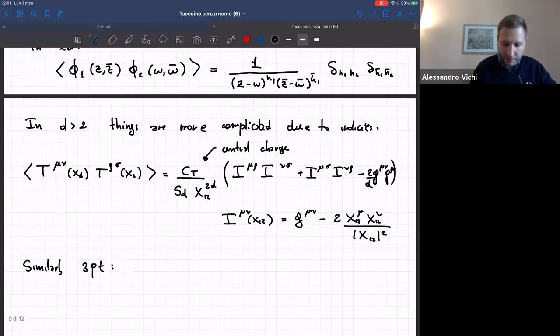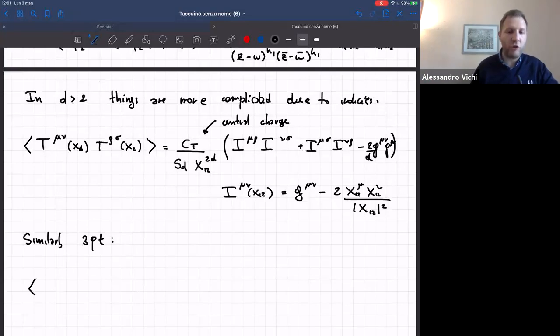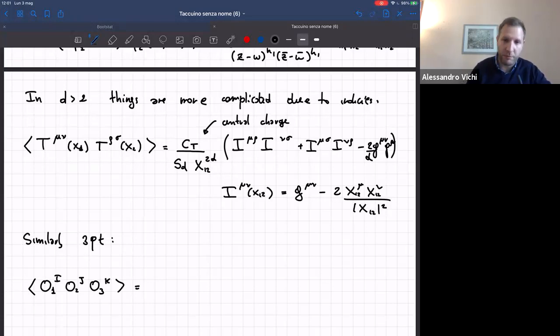But nevertheless, the number of constants will always be finite. So generically, if you have operator O1 with index I, operator O2 with index J, operator O3 with index K, this quantity will be, well, there will be a prefactor, 1 over the same as before, x12 to some power, x23 to some power. Powers are always the same.